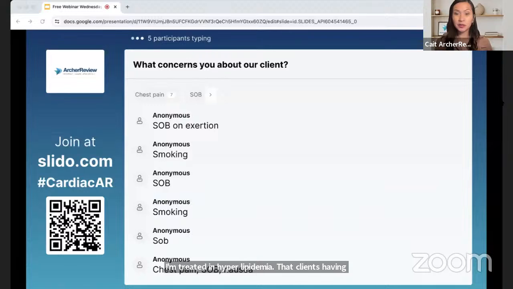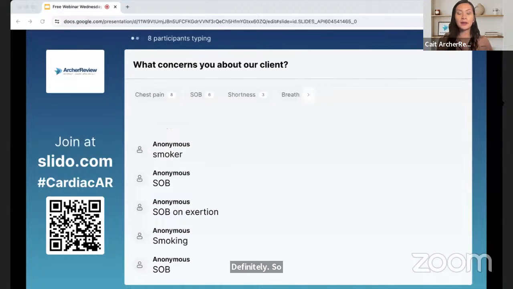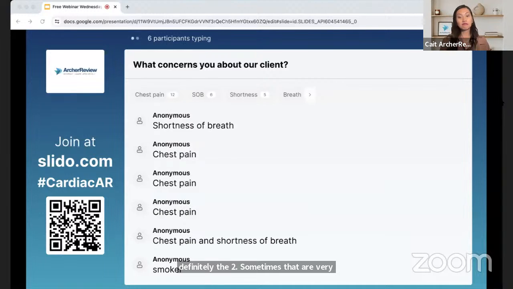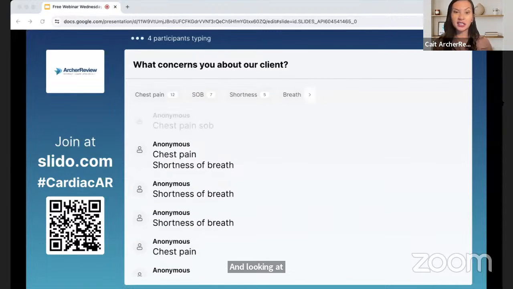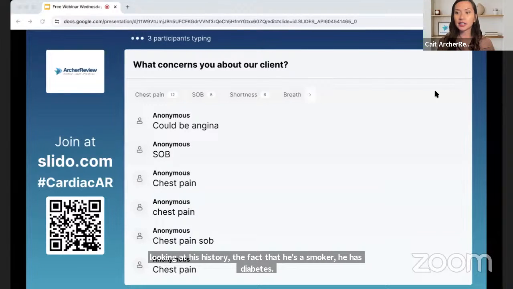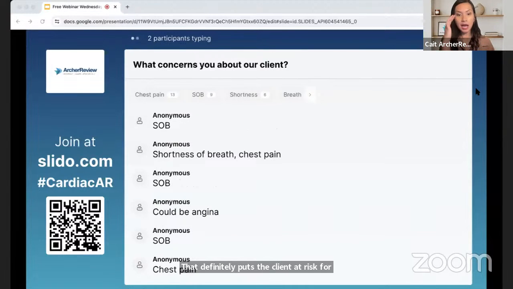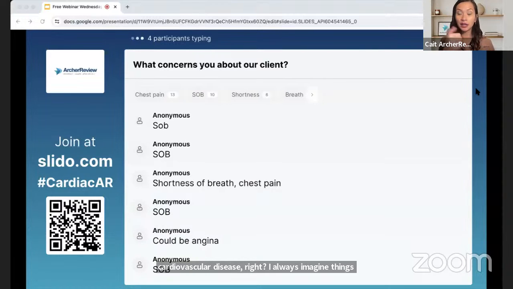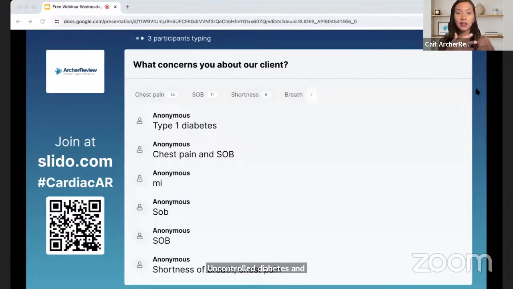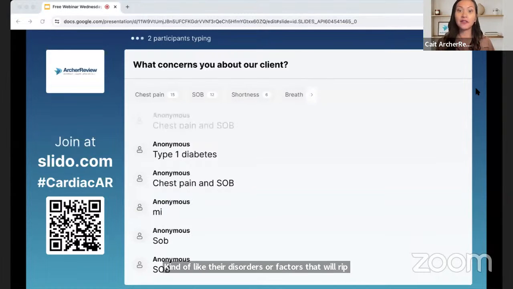Definitely. So chest pain and shortness of breath are definitely the two symptoms that are very concerning here. And looking at his history, the fact that he's a smoker, he has diabetes, that definitely puts the client at risk for cardiovascular disease, right? I always imagine things like smoking, uncontrolled diabetes, and uncontrolled hypertension like they're disorders or factors that will rip up the inner lining of your blood vessels, and it causes so much damage along the way.